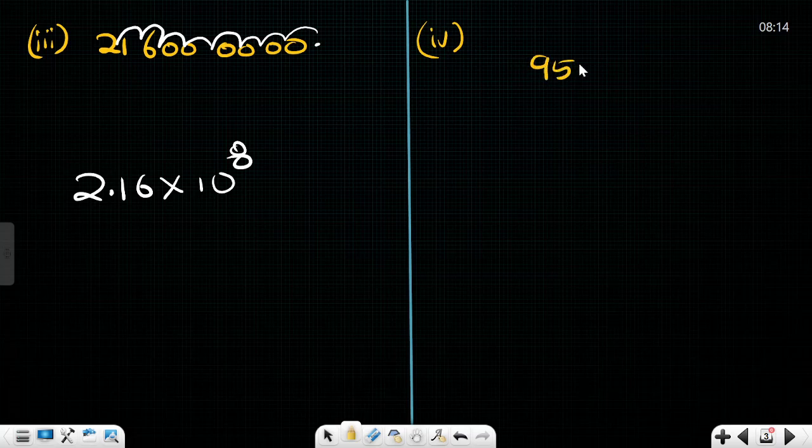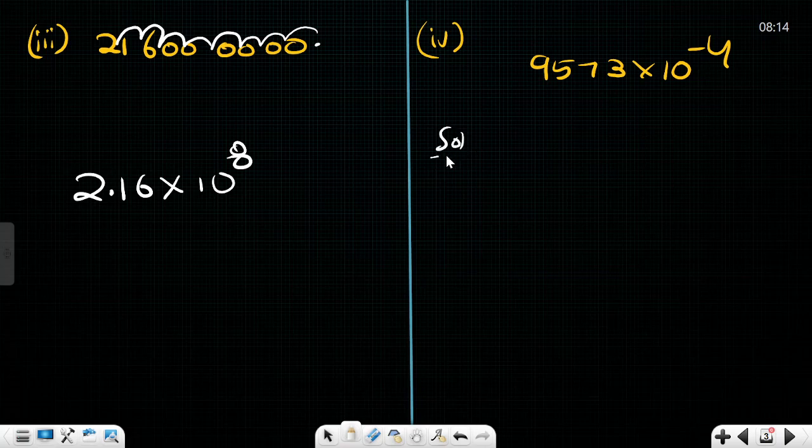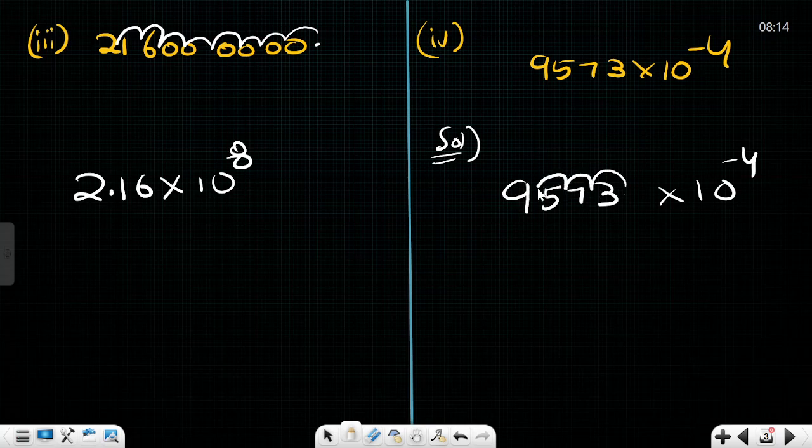Now going ahead, next one, 9573 into 10 power minus 4. See, already 10 power minus 4 is there. Just put it aside, don't worry about it. Think about 9573. The point is here, I want to bring it 3 places backward. 9.573 into, since I brought 3 places backward, again I have to put it back 3 places forward.